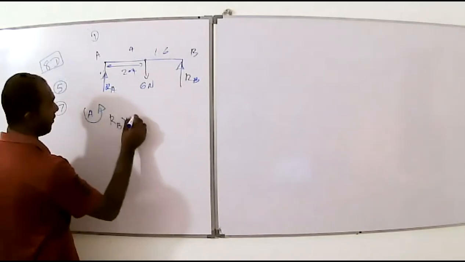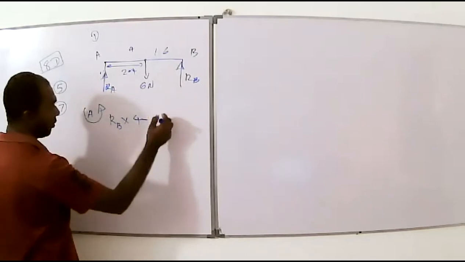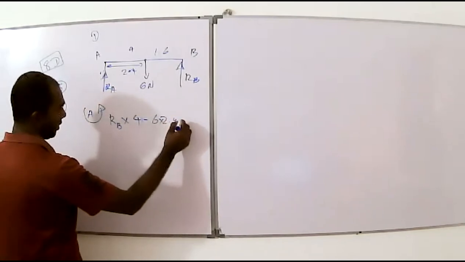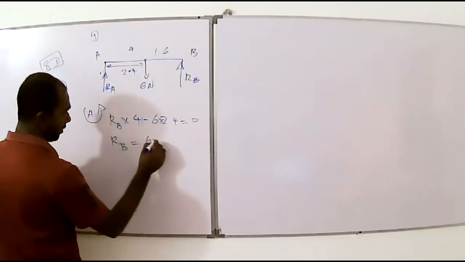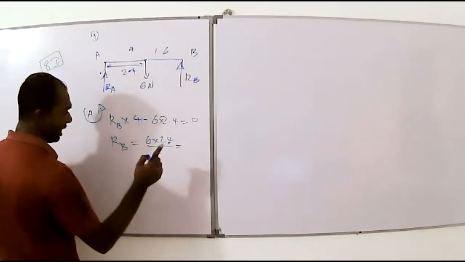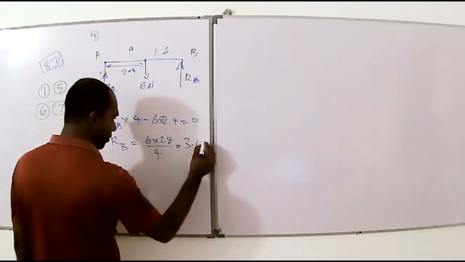RB times 4, because the total length is 4, minus 6 times 2.4 is equal to 0. So RB is equal to 6 times 2.4 divided by 4. It's going to be 6 times 0.6, which is 3.6 newtons.